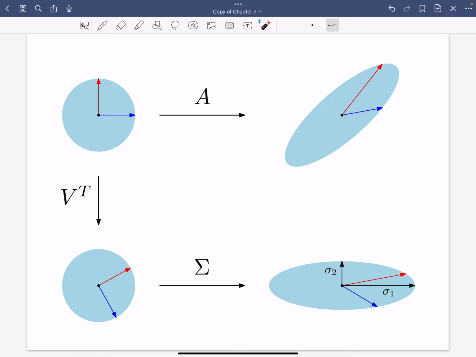But those coordinate directions are always going to be sent to the coordinate directions over here, possibly with some rescaling determined by sigma, okay?